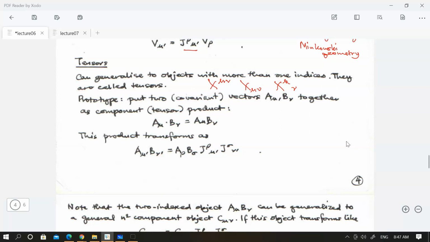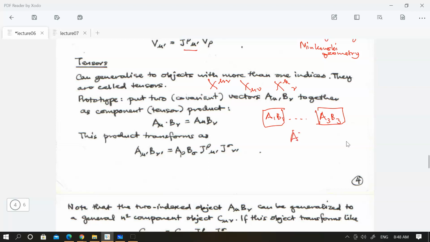Here, meaning you have A1, A2, A3, for example, in the ordinary sense. This one will be B1, B2, B3. Then you have all possible combinations of A1 B1 until A3 B3. So this object as a whole, AB, will be a tensor.